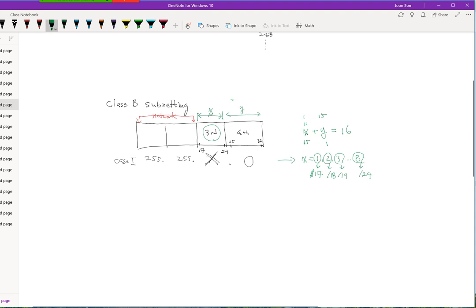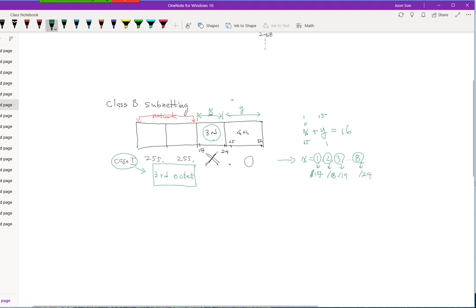For case number 1, our emphasis is going to be on the third octet. We only worry about the third octet when we try to find the valid network addresses for each subnet.